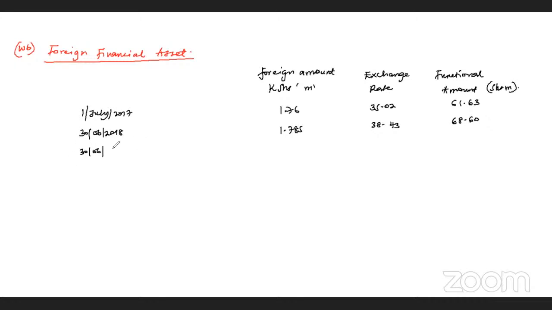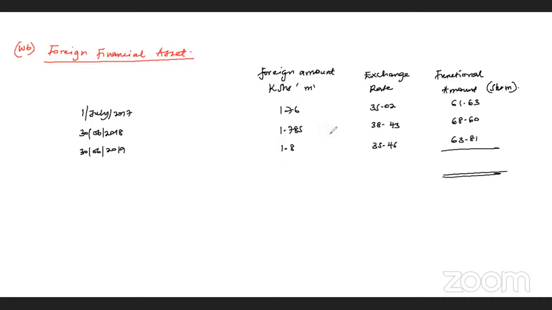Then on 30th June 2019, the value increased to 1.8, but the exchange rate dropped to 35.45, giving you a value of 63.81. From 1st July 2017 to 30th June 2018, there was an increase in value, so we have an exchange gain.